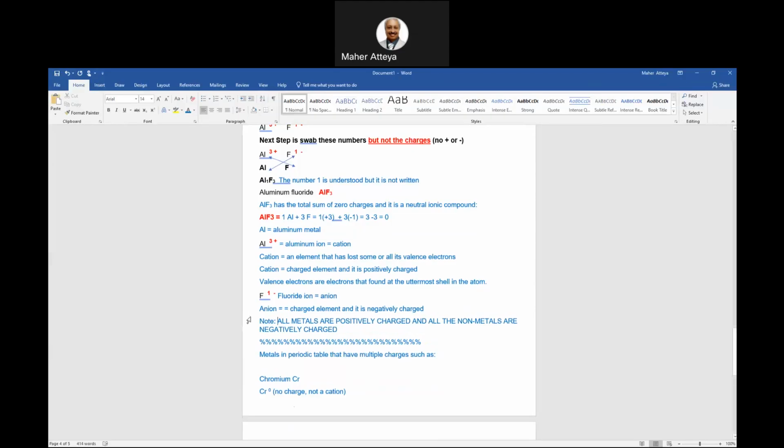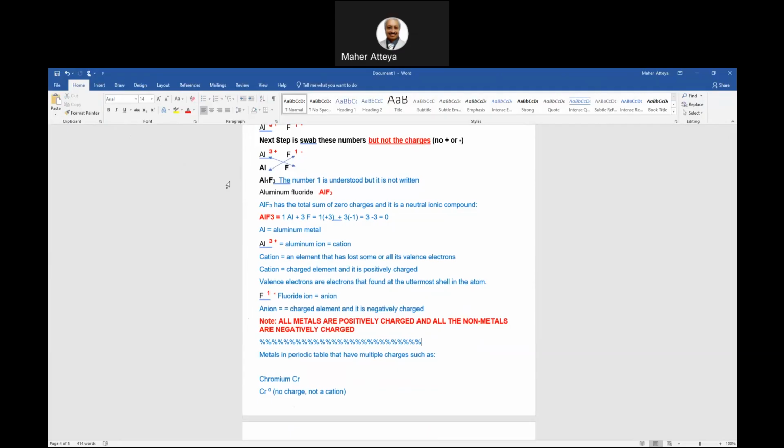I'll make this red and bold it for you. It is very, very important to know that all the metals are positively charged. You cannot have a negatively charged metal. You'll get a Nobel Prize for that. If you can prove that a metal can be negative, this will be a big discovery.